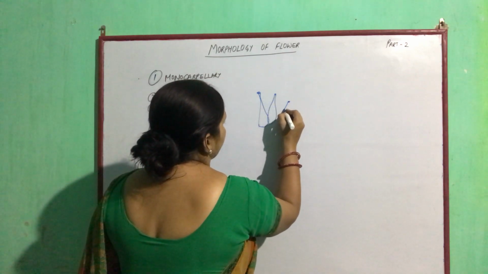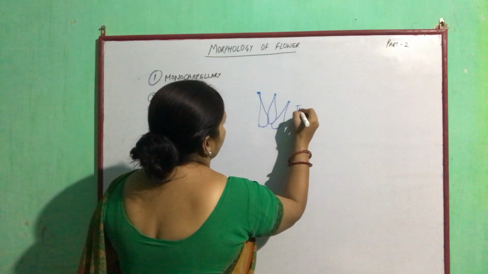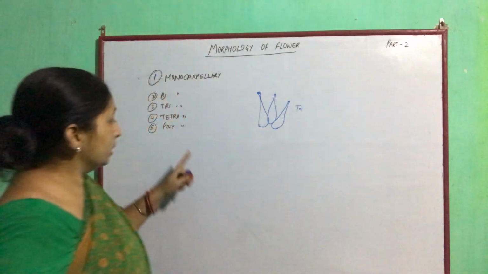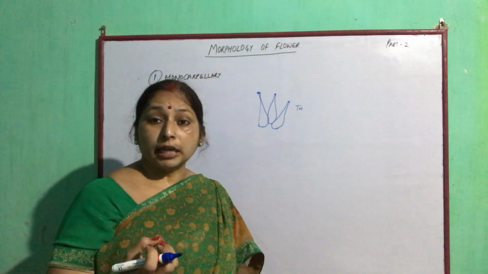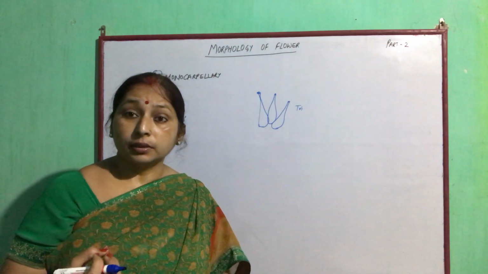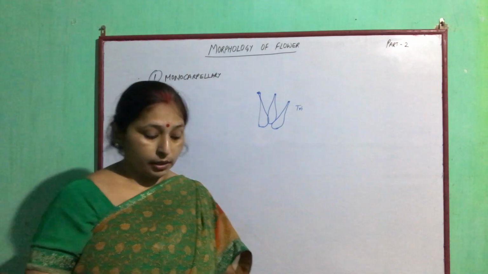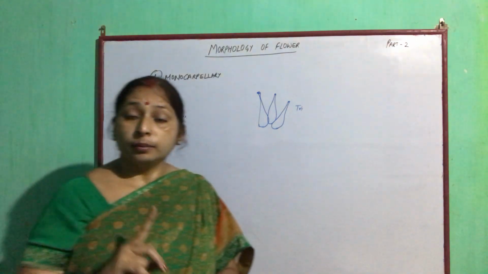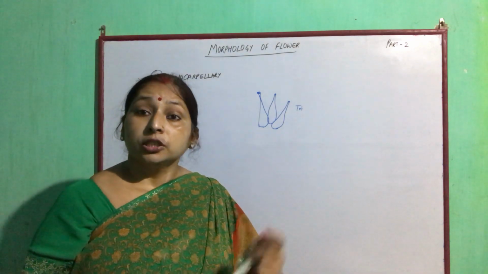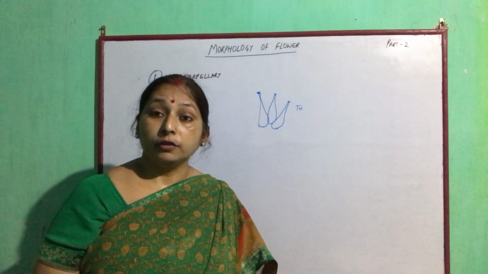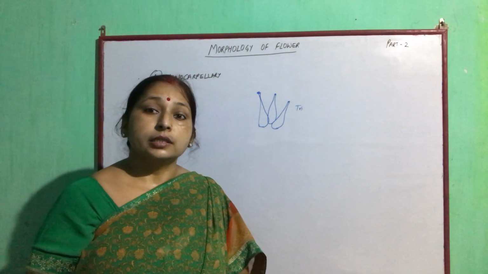If it is more than two, then it is tri, and if four carpels are attached together, then it is tetracarpellary. If it is more than four, then it is polycarpellary. Single carpel, monocarpellary; two carpels, bicarpellary; three carpels, tricarpellary; four carpels, tetracarpellary; and more than four is poly.